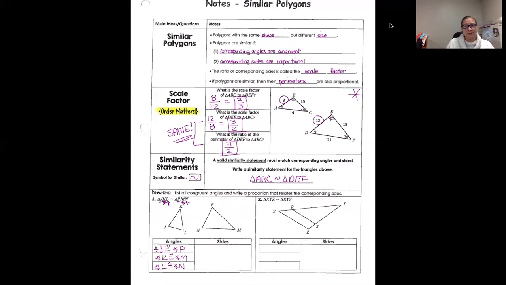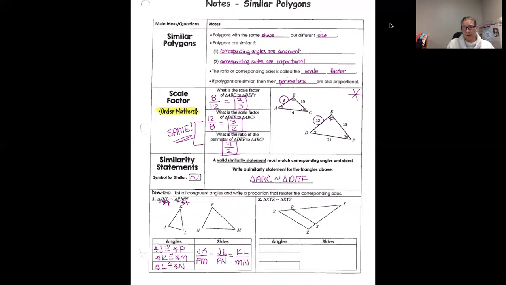But for your proportional sides, instead of saying this side is congruent to this side, you set them all in proportion. So JK over PM, those are your first 2 letters, is equal to JL, first and last, over PN, is equal to KL, last 2, over MN.